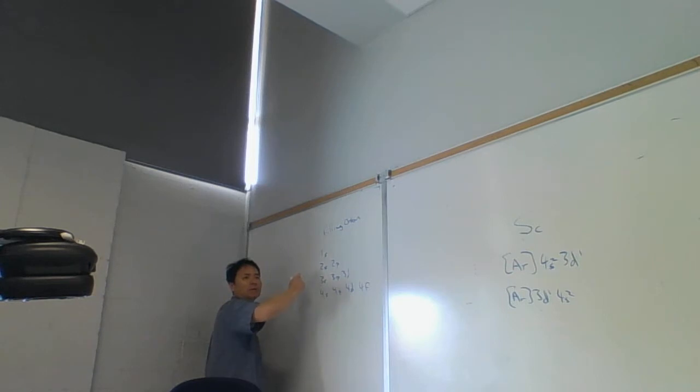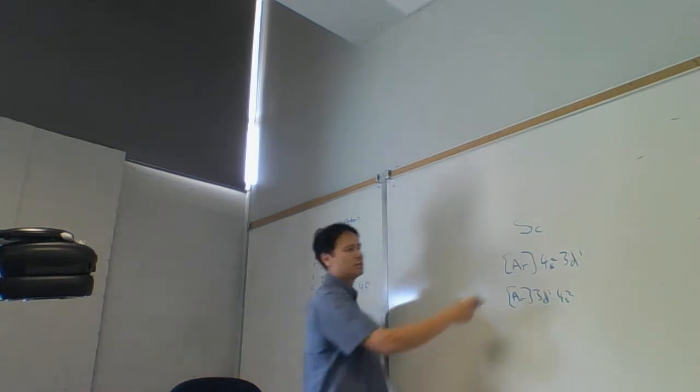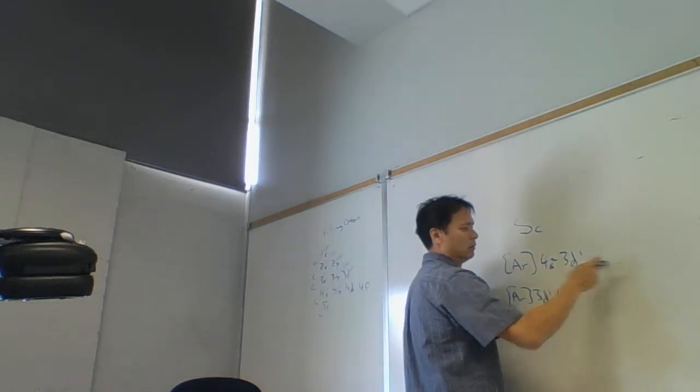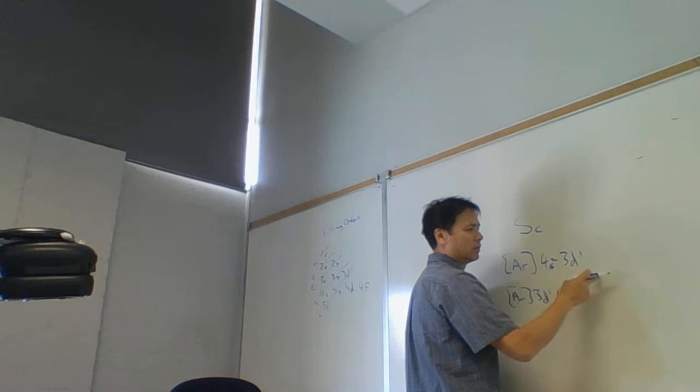Diagonal up or diagonal down? All right, that's right. So this is it: 1s, 2s, 2p, 3s, 3p, 4s, 3d. This is that order here, and this is how we generate the electron configurations.